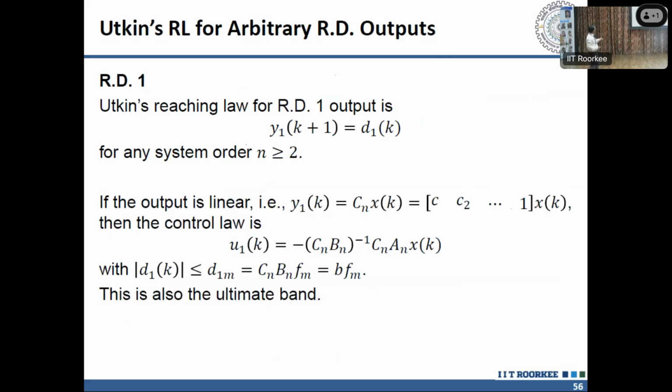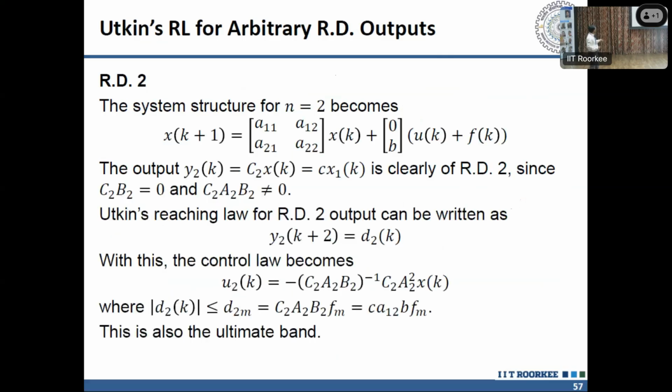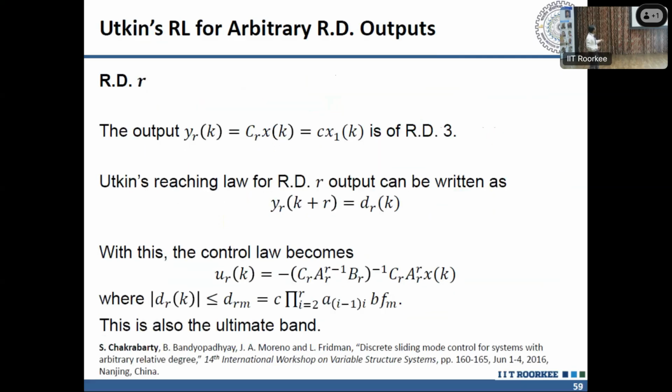RD2 case also we use the 15 shaping law variation of the RD2 case. You can see. So here the delta 2 comes out to be like this. Similarly for RD3 and RDR in general, this is the expression that comes. So we have only calculated the expressions here. We have not compared between the expressions because a lot of different terms are coming.